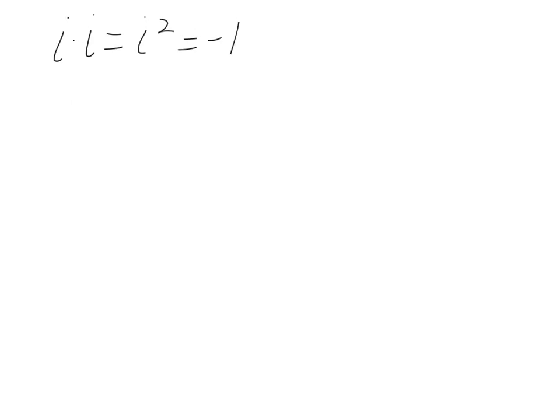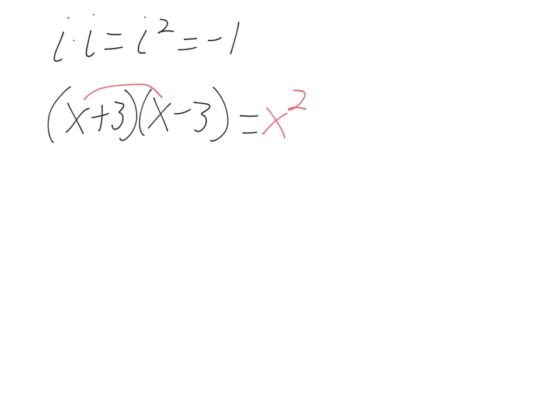And then also, just to review, let's say we had (x + 3)(x - 3). Whenever we have a polynomial like this, where we have x + 3, and we take it times its conjugate, which is x - 3, then we'd have x times x, which would be x squared, x times -3, which would be -3x, and then we'd have 3 times x, and -3 times 3, which would be -9.